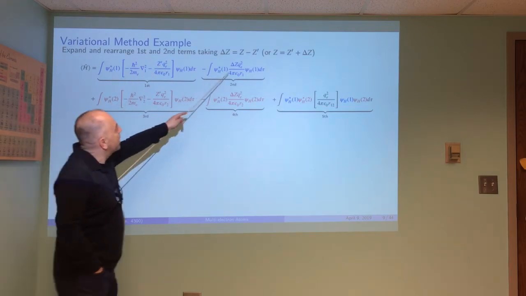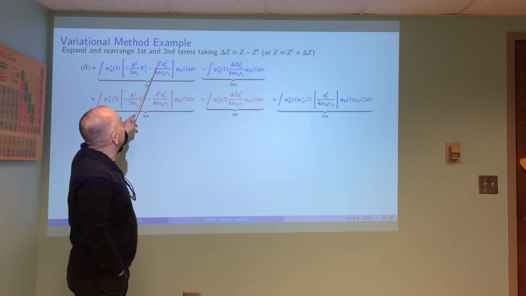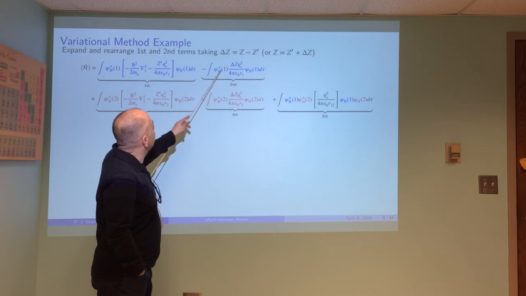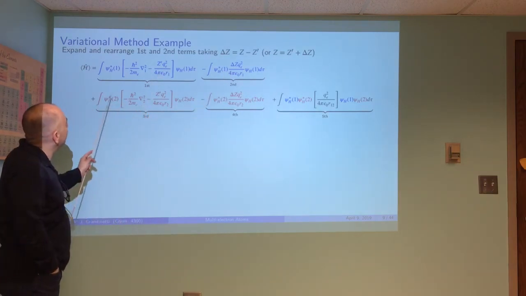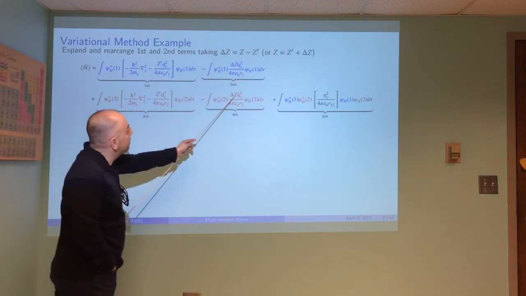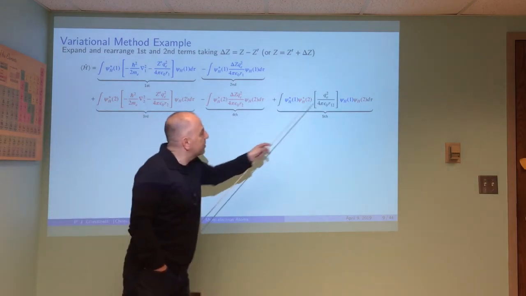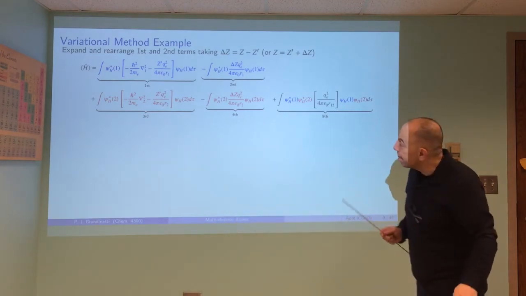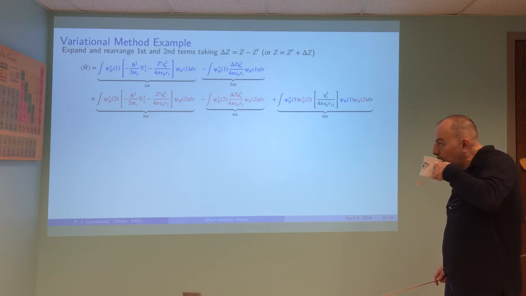Over here is the adjustment: this was z, but now we made it z prime plus delta z, so now we've got a new integral with a delta z, involving that Coulombic attraction. And then the same thing here for the second electron. We have a z prime and a delta z for this term. And finally, this last term just came along for the ride and didn't change. All right. Okay, so take a look at that carefully and make sure that what I did makes sense.